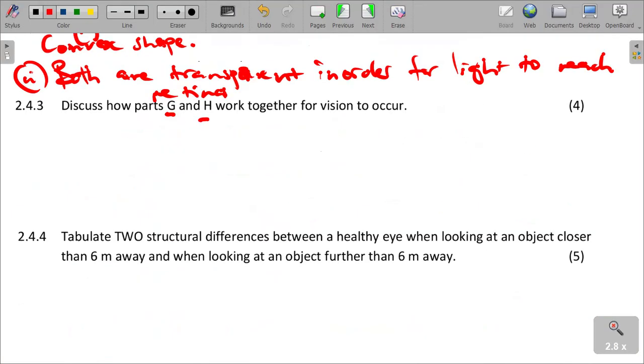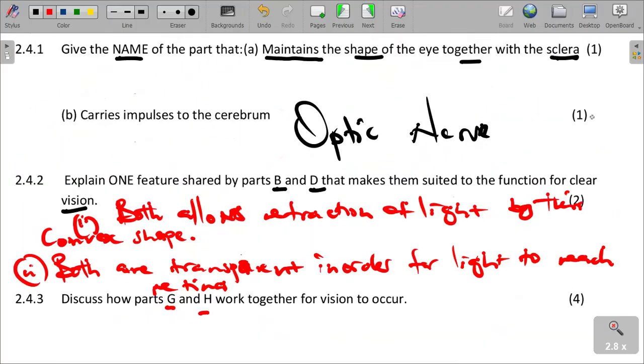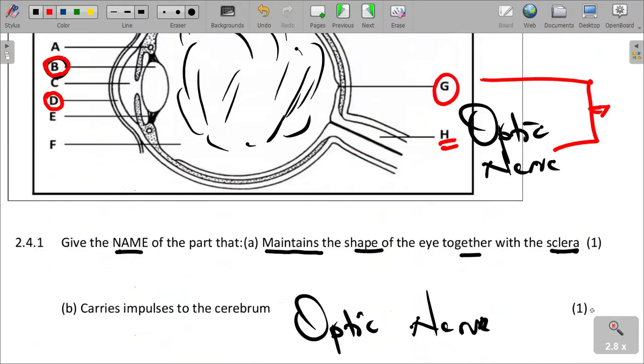So what we need to understand is what happens in order for us to have clearer vision.